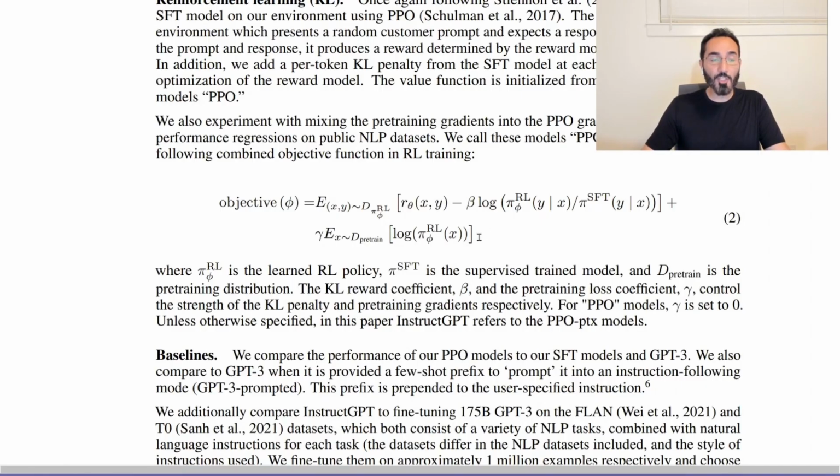The detailed explanation of why we use the KL divergence and how it works, the theory behind it, is explained in equation 2 of the InstructGPT paper. Please feel free to take a look at that for more detail.